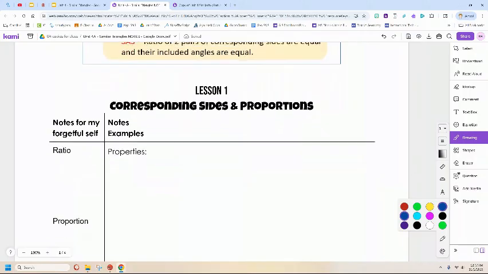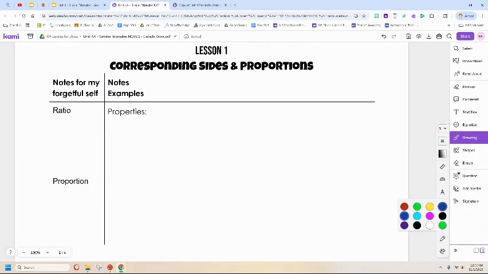But let's go ahead and get those 2 properties down and the way that we word them at this level. So if I want to know if 2 shapes are similar, right?